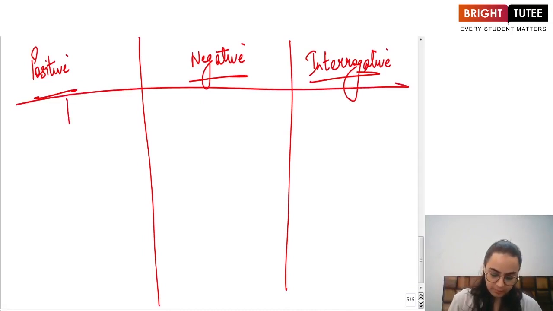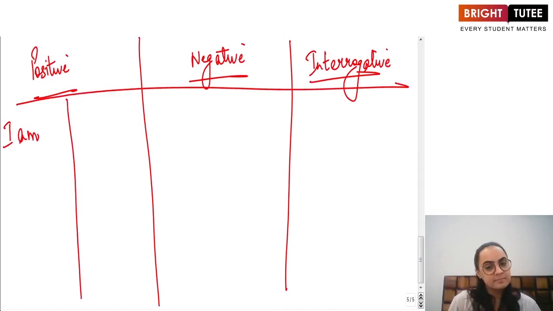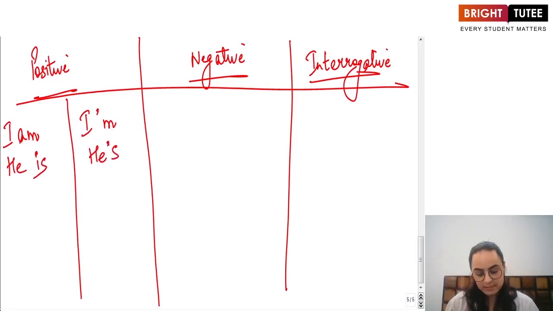So, I am, and the contraction of the same, the short form of the same is going to be I'm. He is changes to he's. She is changes to she's.